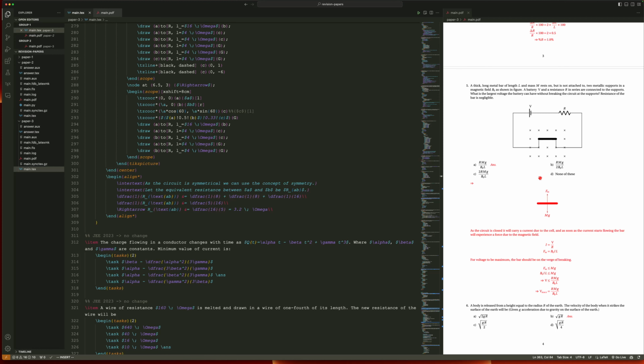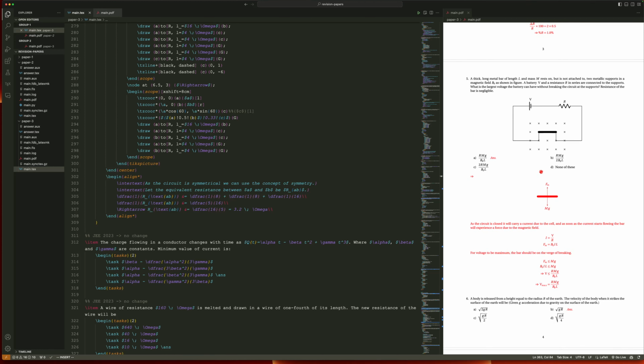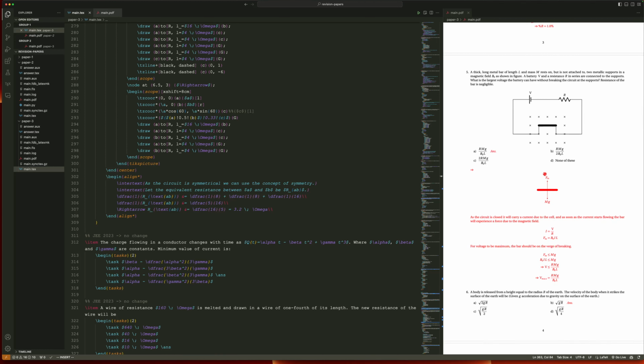I think a rod is connected to a circuit, but it's not soldered or something, it's just placed over it, and there is a region of uniform magnetic field, and as soon as the circuit closes, current will flow, and the rod will experience a magnetic force that will uplift the rod, but it is placed in gravity. That means mg will also continue to work upon it.